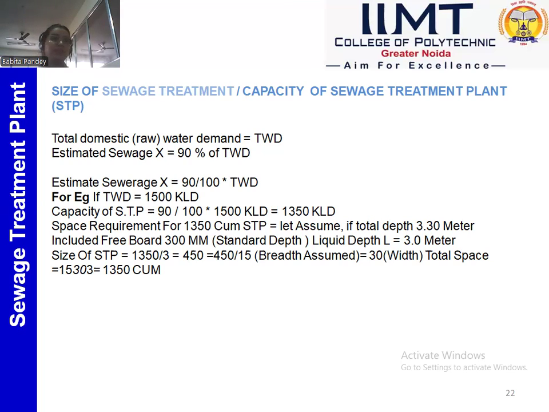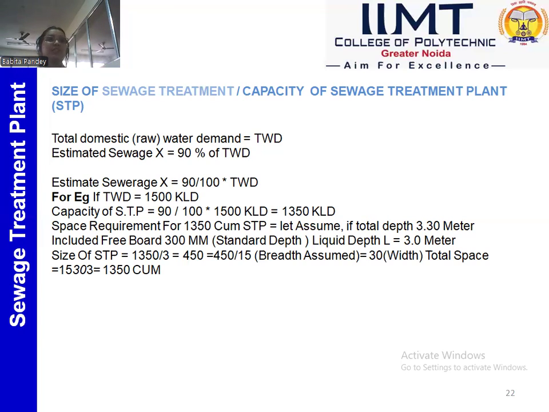So it can be calculated by 90 divided by 100 times TWG. For example, if the total domestic demand is 1500 KLD, the capacity of the STP will be 1350 KLD. So it is very easy to calculate the size of our sewage treatment plant.